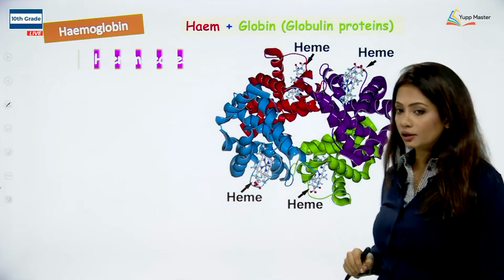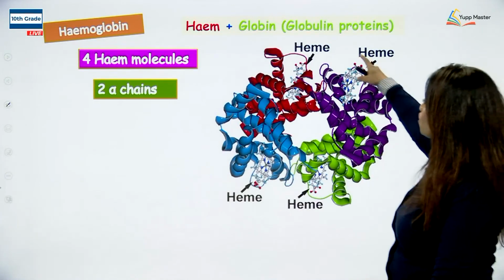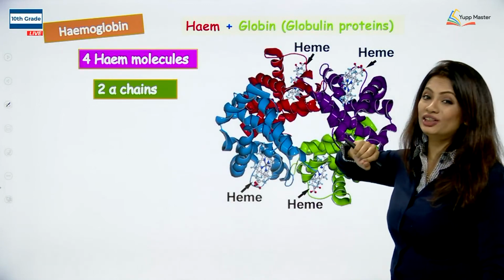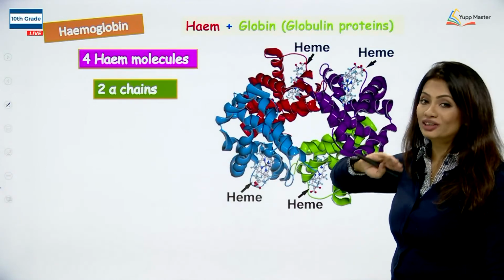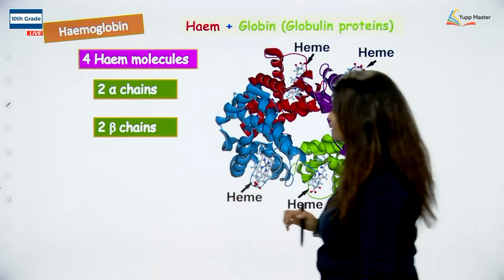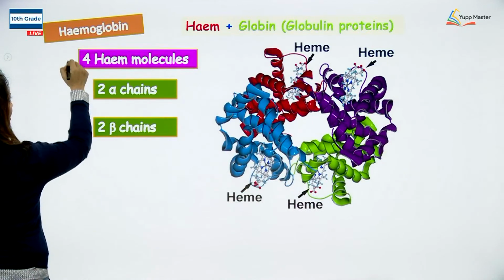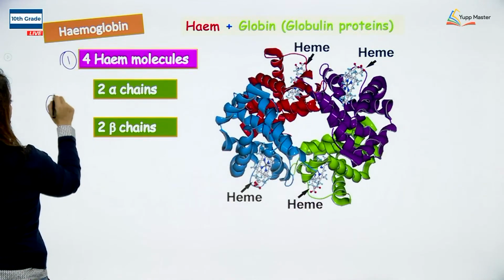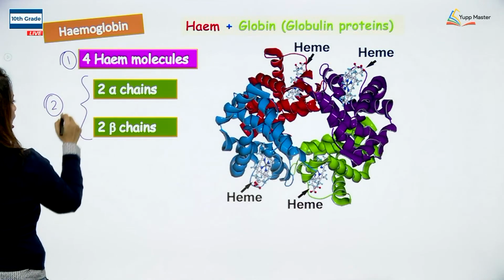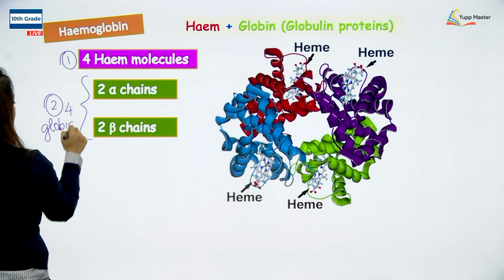Alright, so here there are 4 heme molecules, and there are 4 globin chains. Out of those 4 globin chains, 2 chains are alpha chains, 2 chains are beta chains. Let's just club this here, that 4 heme molecules are there, and the second component here are the 4 globin chains.